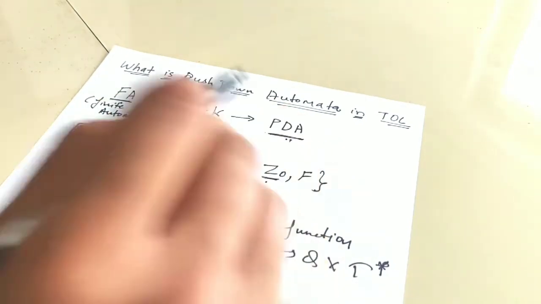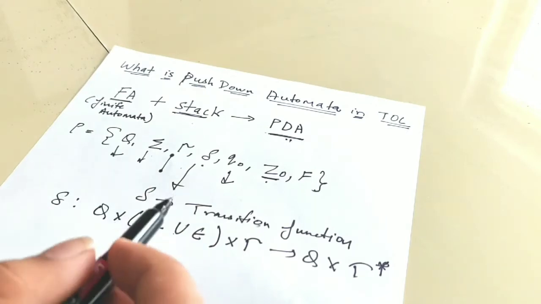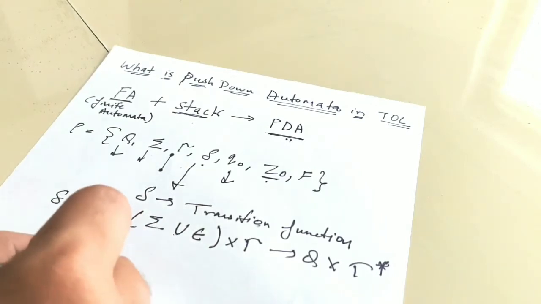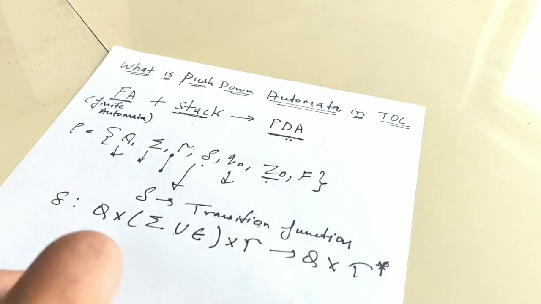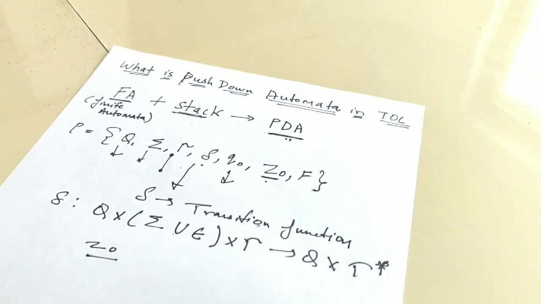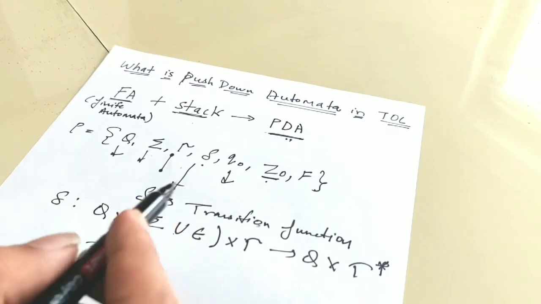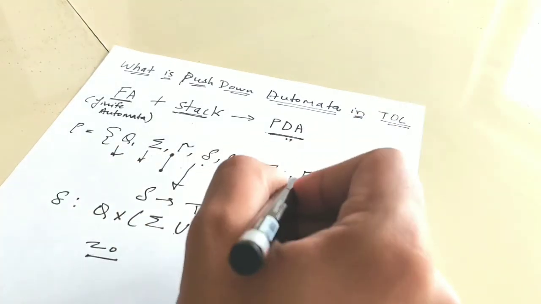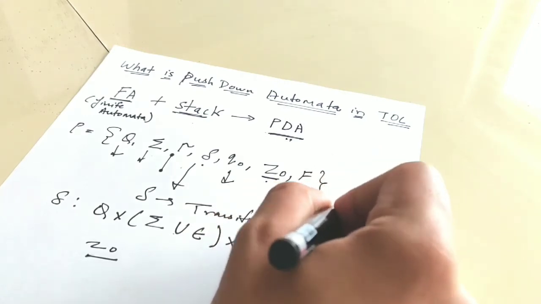Z naught is the stack symbol. By default, the top of the stack denotes Z naught. It is a defined symbol which is present inside the stack. So Z naught is the default start stack symbol. And F is the final state.